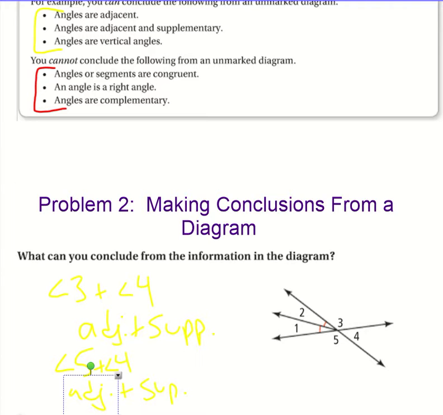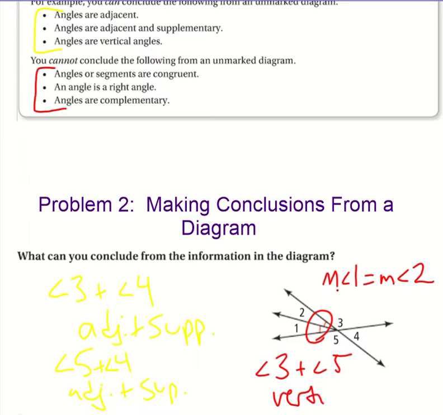Thanks to the notation that they gave us in the drawing right here, we can say that the measure of angle 1 is the same as the measure of angle 2. We can say that angle 3 and angle 5 are vertical angles. If you look at those rays, that's true. And so these are some things that we can say about these angles.